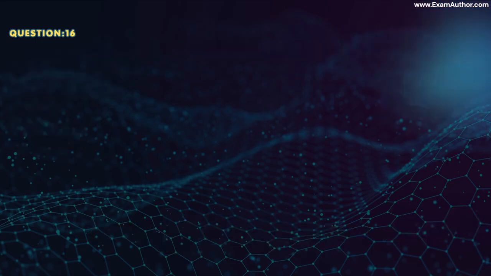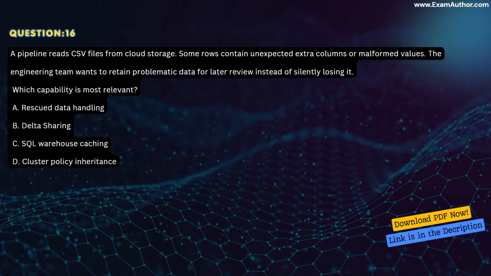Question 16. A pipeline reads CSV files from cloud storage. Some rows contain unexpected extra columns or malformed values. The engineering team wants to retain problematic data for later review instead of silently losing it. Which capability is most relevant? A. Rescued data handling. B. Delta sharing.